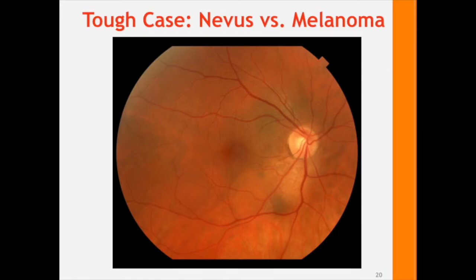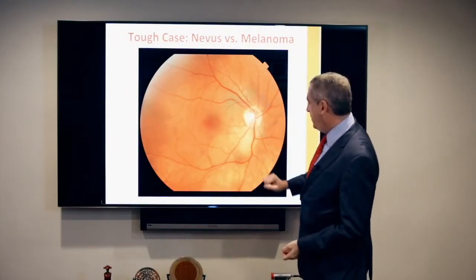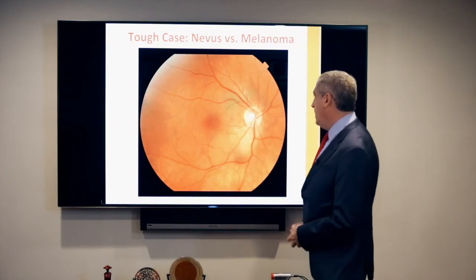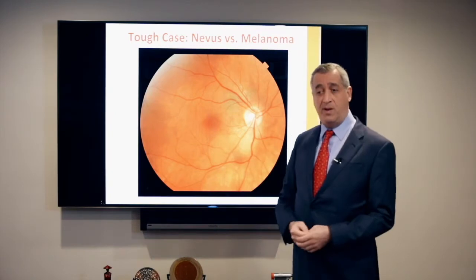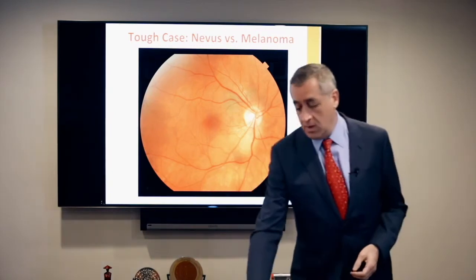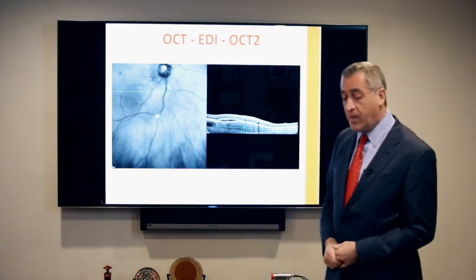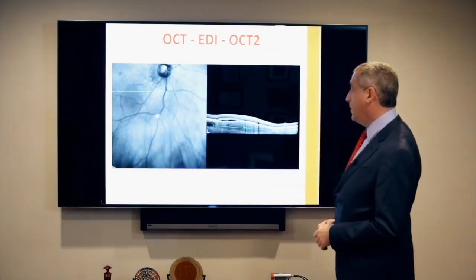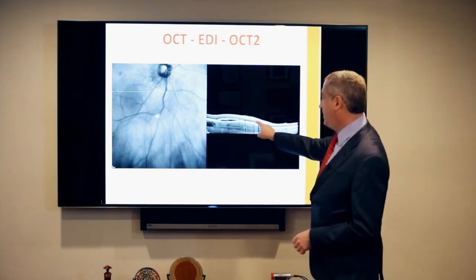Here we have a 50-year-old lady who came in with this variable pigmentation around the disc and some fluid down below, and this is the clinical picture. Most people would agree this is not very impressive in itself, or diagnostic in itself. But on the OCT, especially this EDI OCT from Heidelberg, we have the tumor beneath the retina.